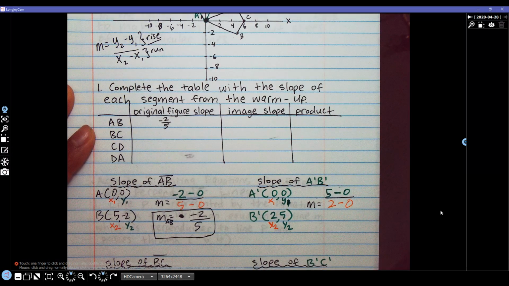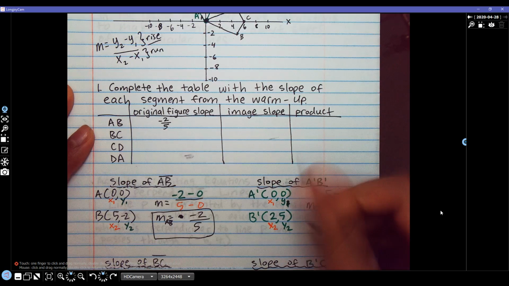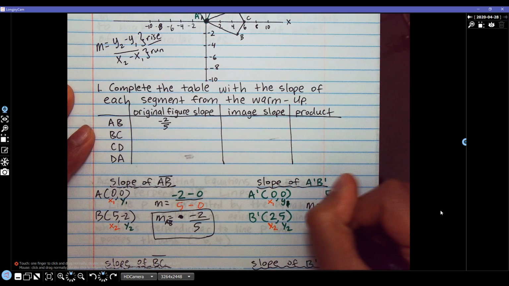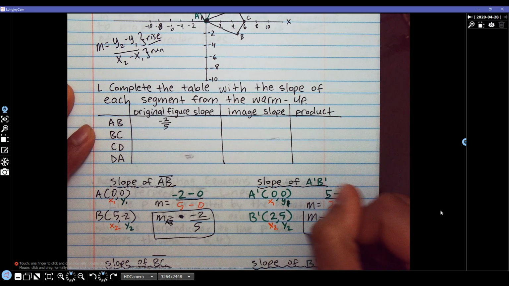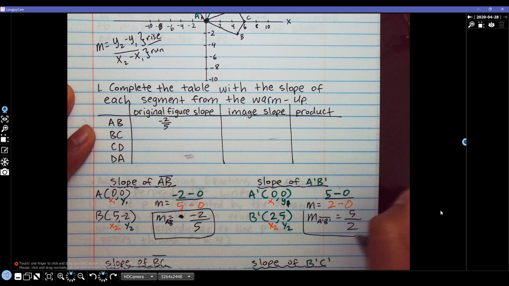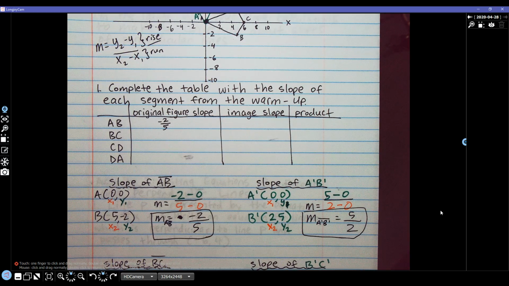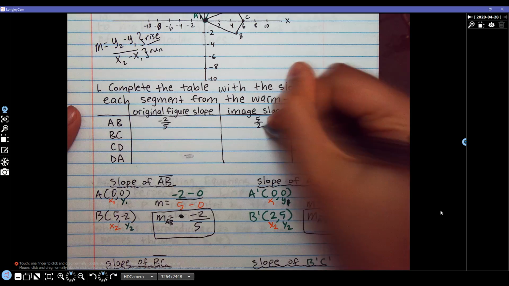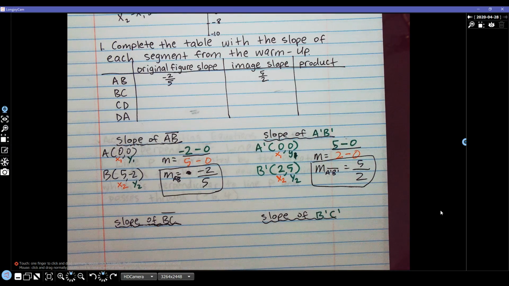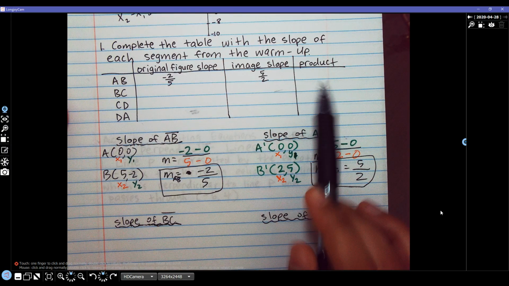So my slope of segment A prime, B prime is equal to 5 minus 0 is 5, 2 minus 0 is 2. 5 over 2. All right, we'll do segment BC, and then we'll get into the product section.